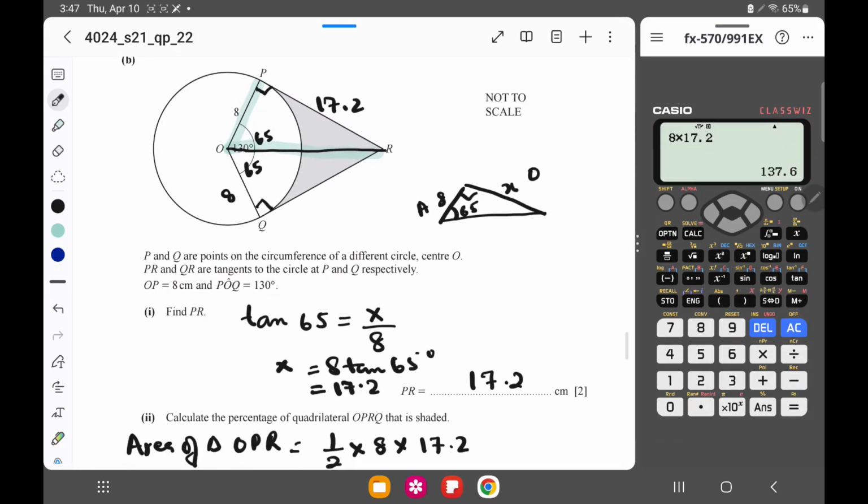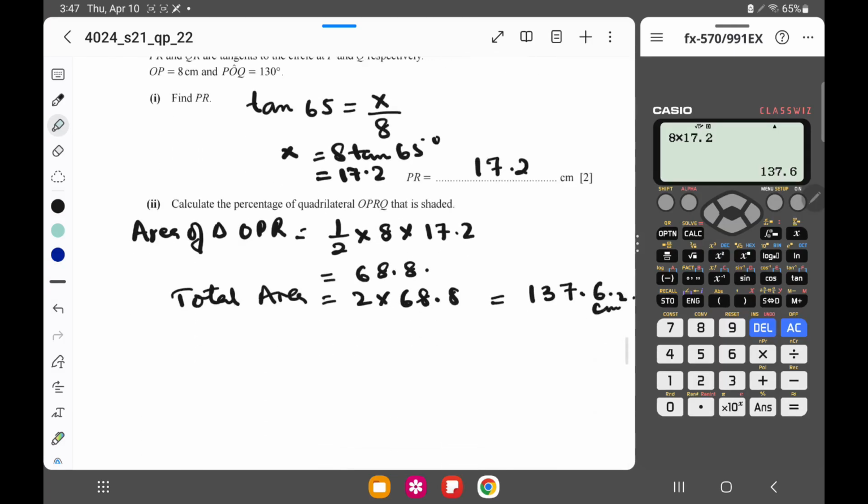Now we are going to find the area of the shaded part. We subtract the area of the sector. The two sectors are both the same, or you can take one sector with 130 degrees. So take this one sector, where the angle is equal to 130 and the radius is equal to 8 centimeters.